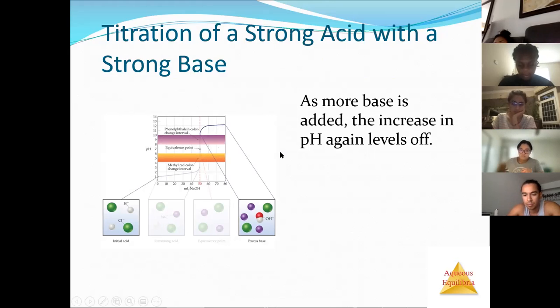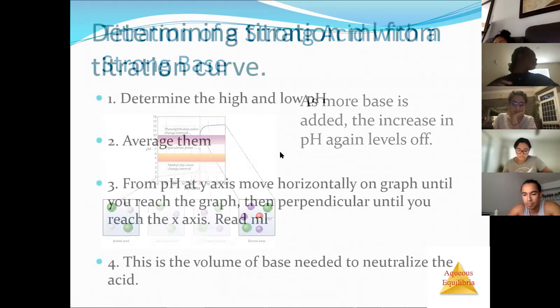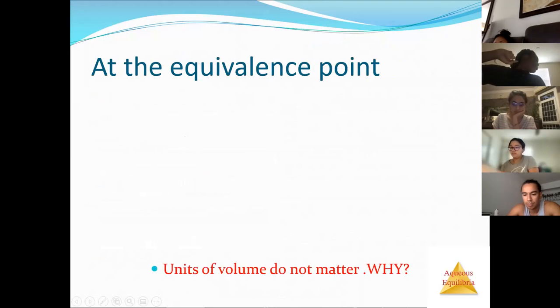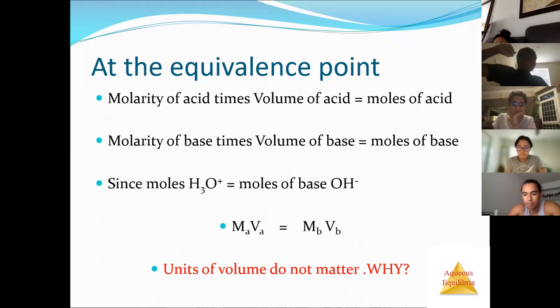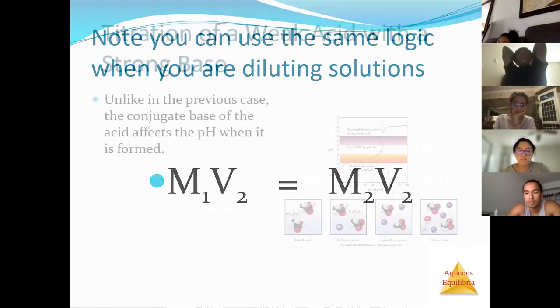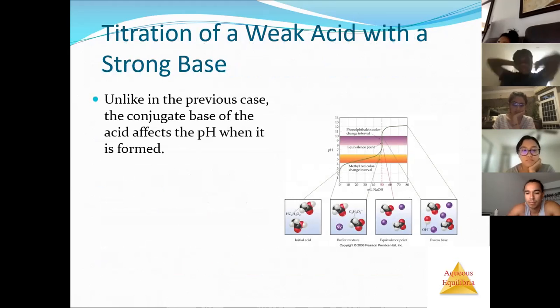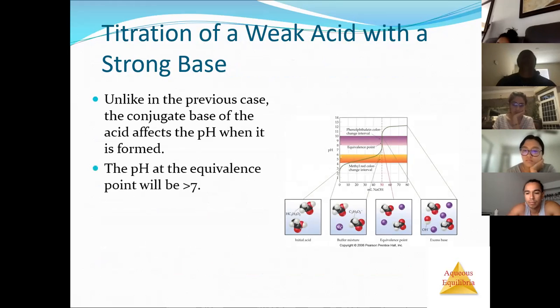Kind of get a mental picture of that versus that. Is there any real difference after the equivalence point? Does anybody see any difference? What's different about these two pictures?